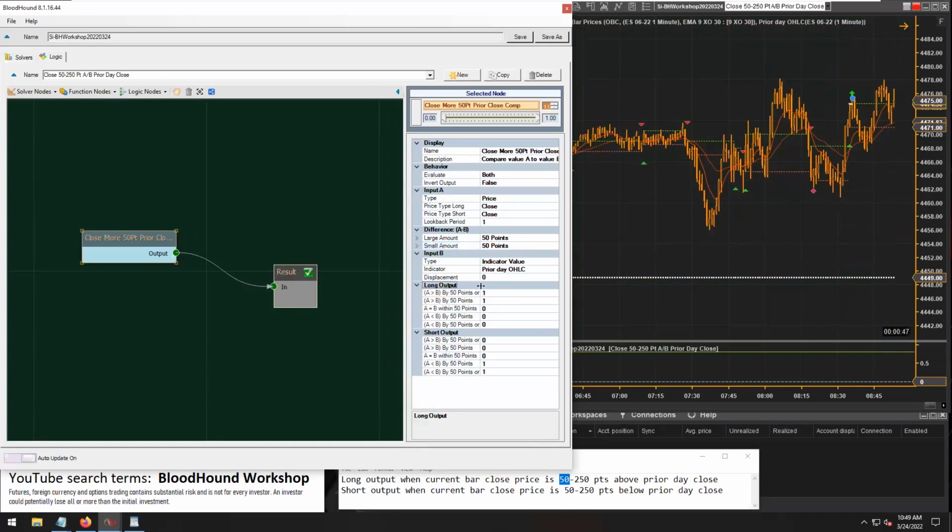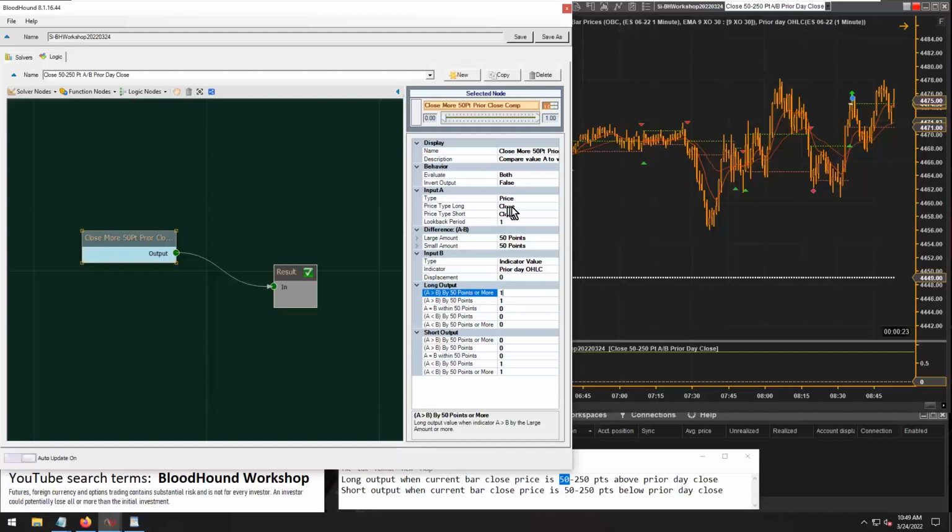And the output that we want is the default output here. So we want to know when A is greater than B by 50 points, or A greater than B by 50 points or more.